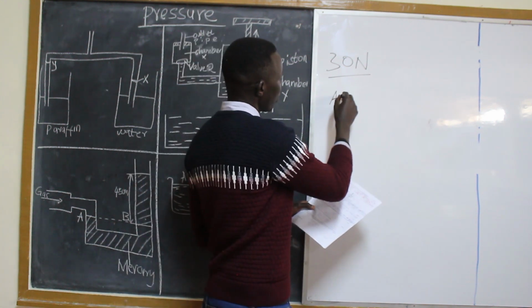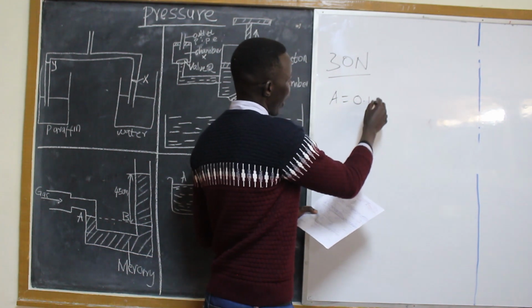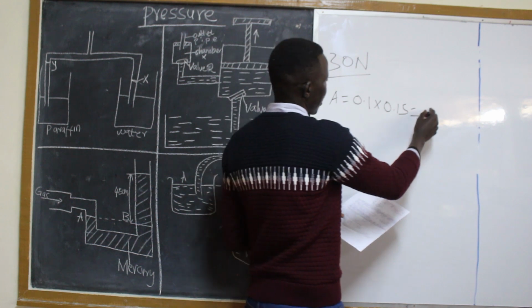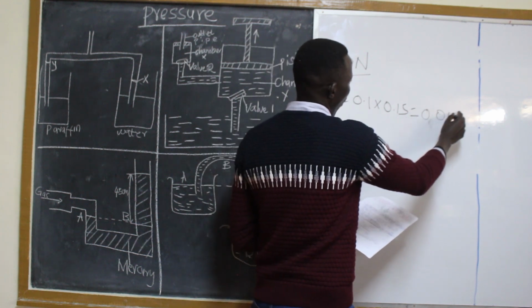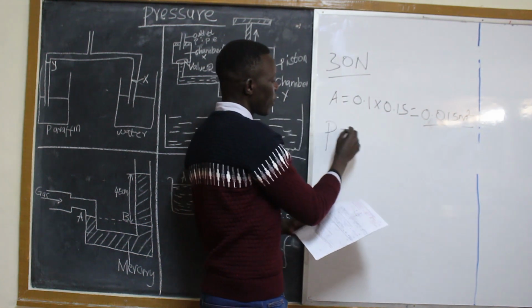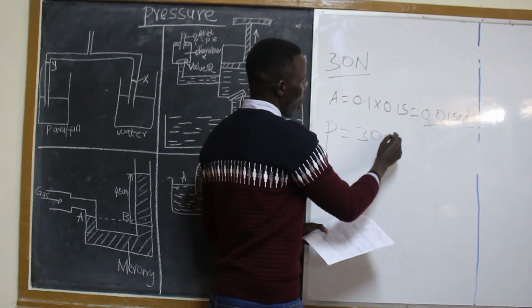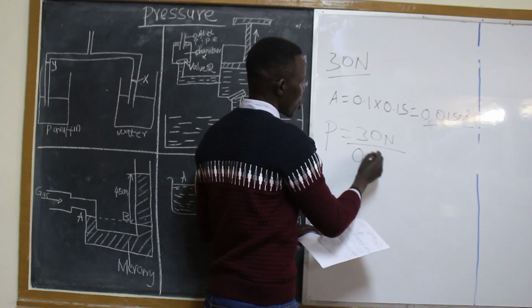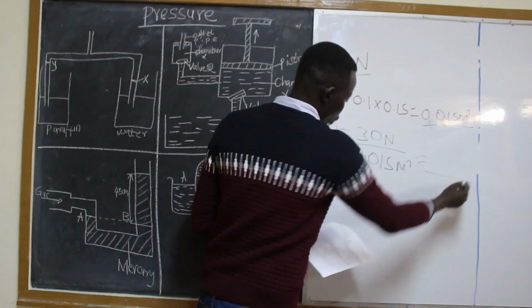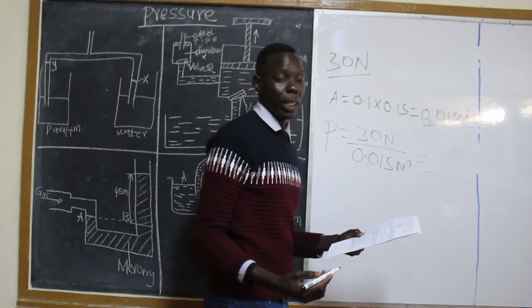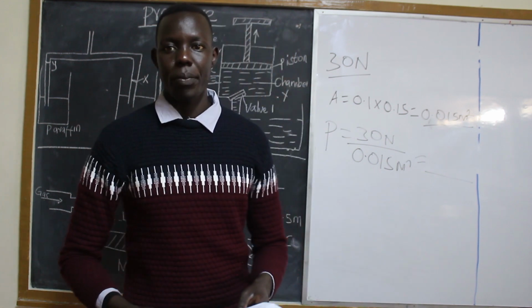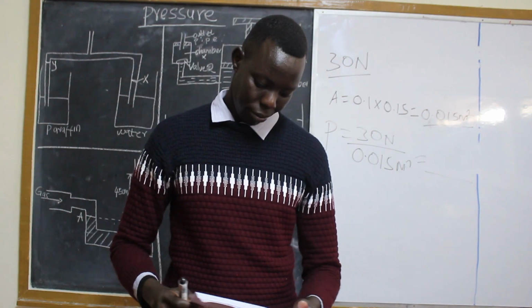So our area is 0.015 meters square. Then the pressure is going to be 30 newtons over 0.015 meters square. You get 2000 newton per meter square, or 2000 pascals.